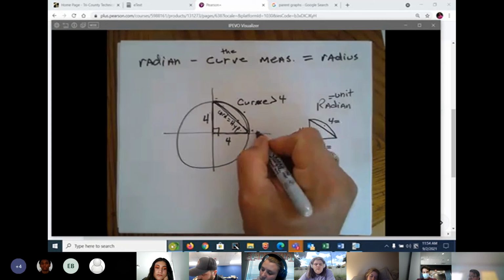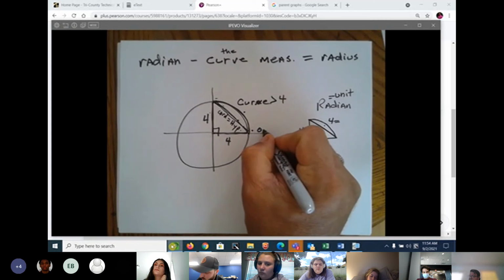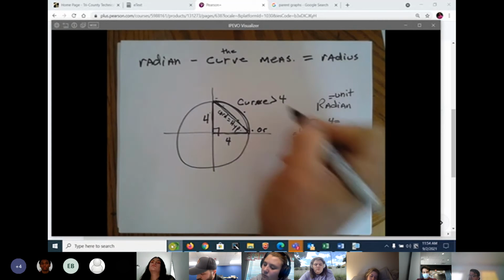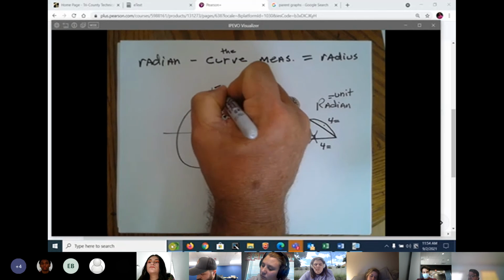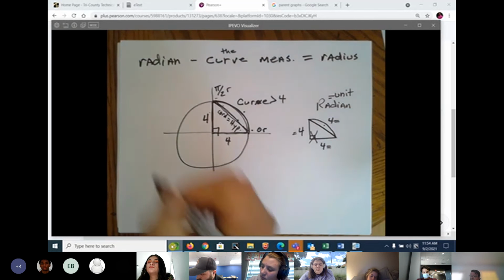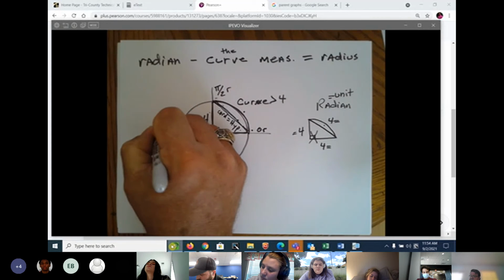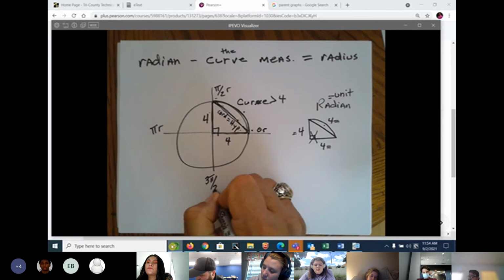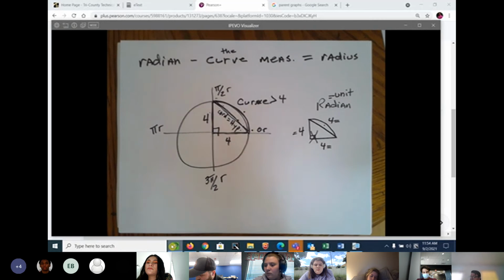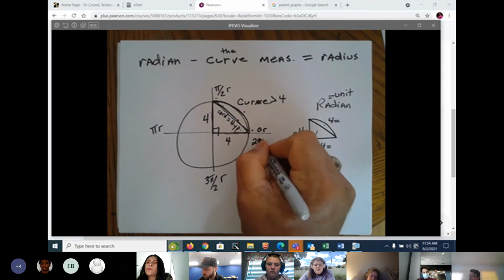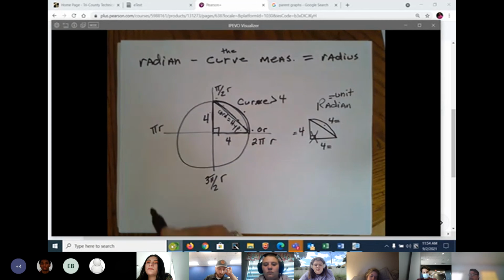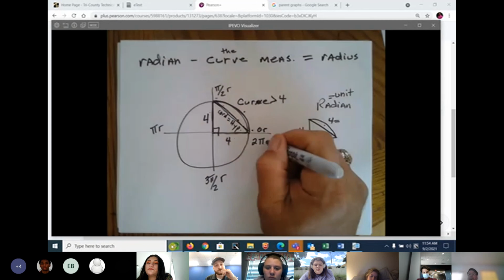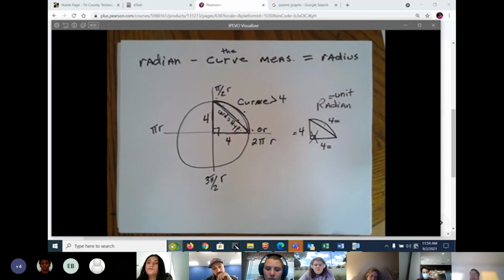Because this is 0 radians. This is pi over 2 radians. This is pi radians. This is 3 pi, what did I say, 3 pi over 2? I always get it mixed up. Radians. And this is 2 pi radians. 1 revolution is equal to 2 pi radians.